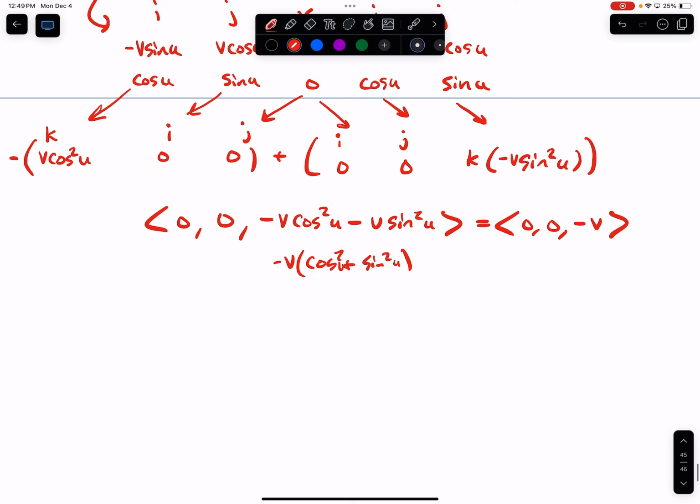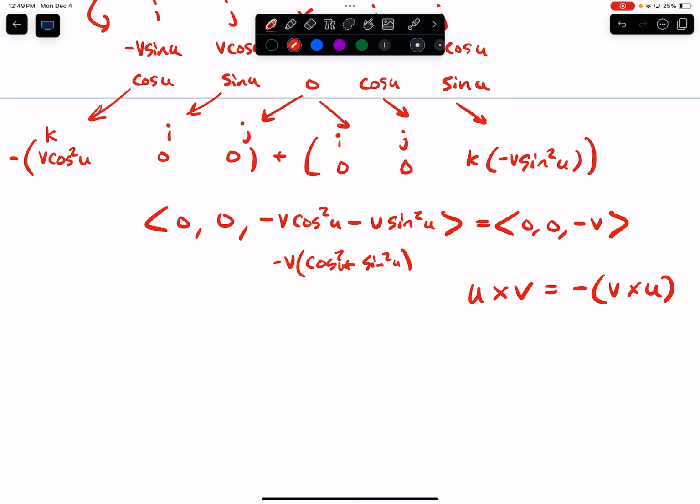Ours points downwards, so we need to fix it. Remember, you flip the cross product. If I have u cross v, this is equal to the negative of v cross u. Y'all remember that? Your thumb just goes from this way to this way.